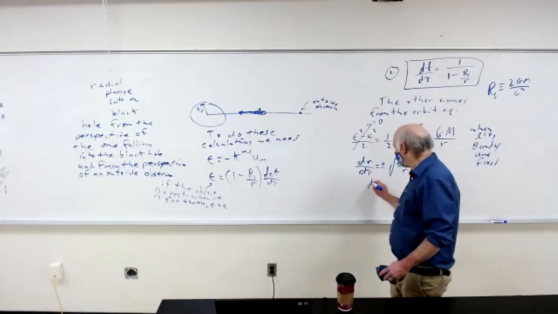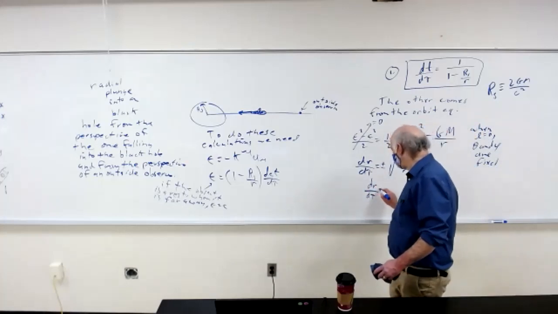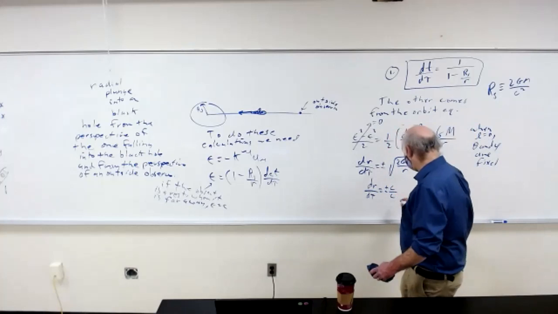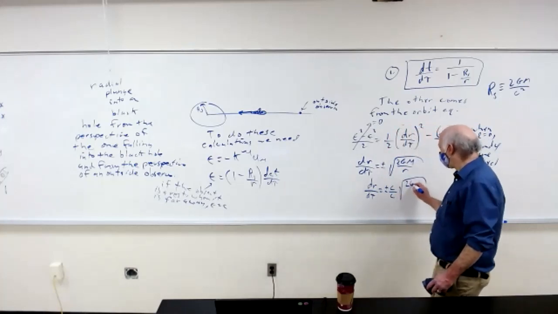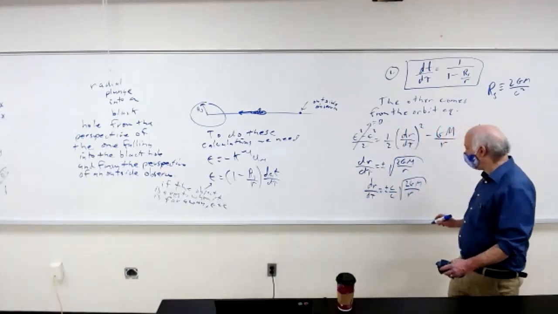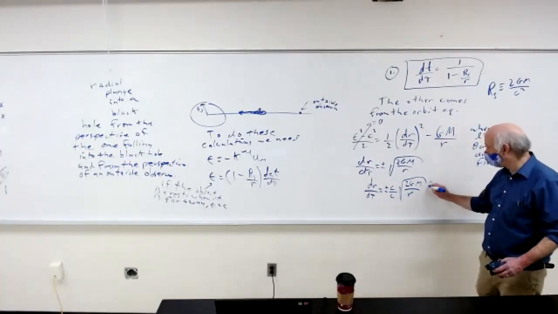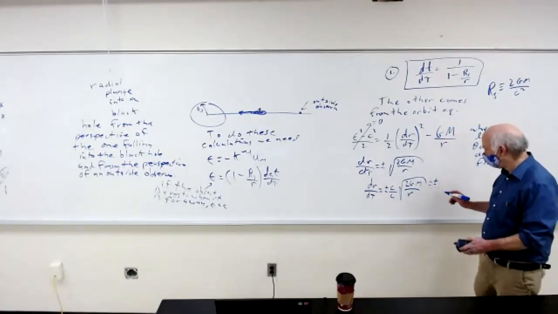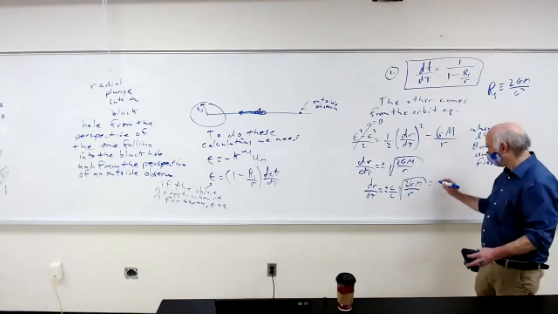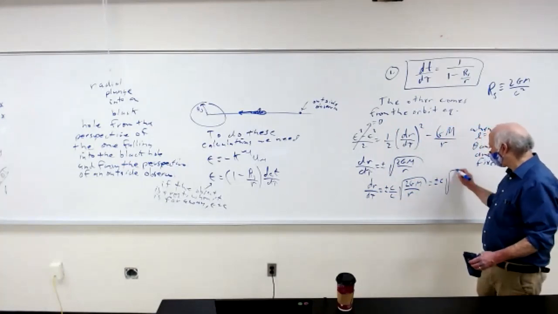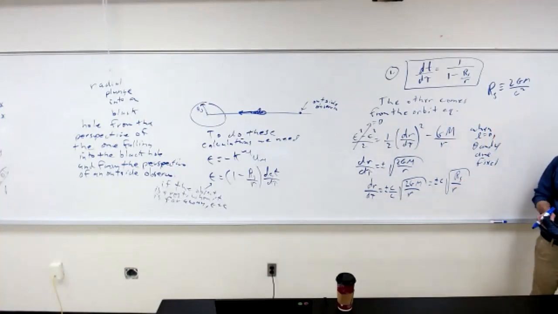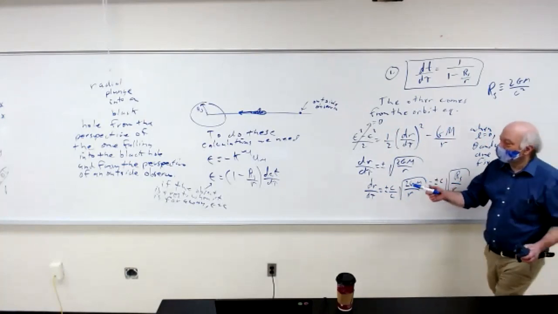We didn't do this yesterday, well, we're going to today. I take this guy into here, and this is going to be plus or minus c square root rs over r. That's fine.